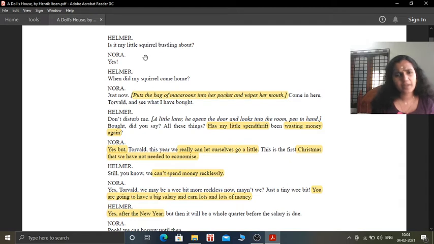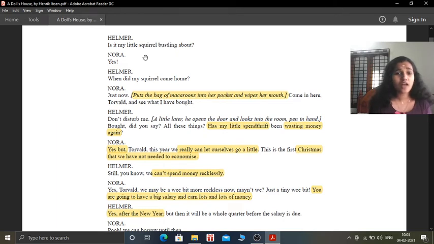She replied that just now I came back. And immediately she put the bag of macaroons into her pocket and wiped her mouth. She understood that he is coming out, so she hid the macaroon packet in her pocket. He should not see that I'm having macaroons.